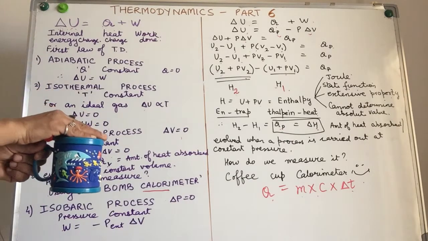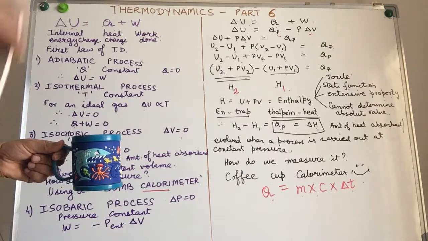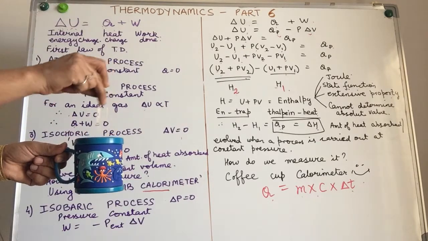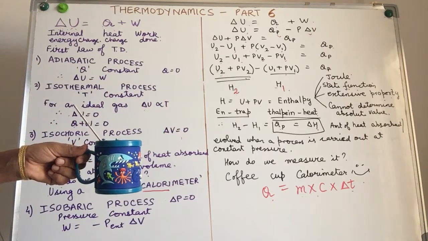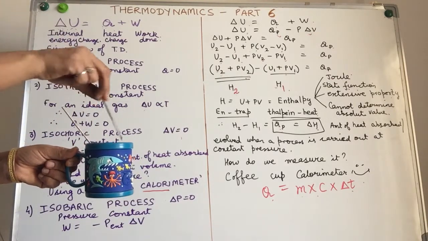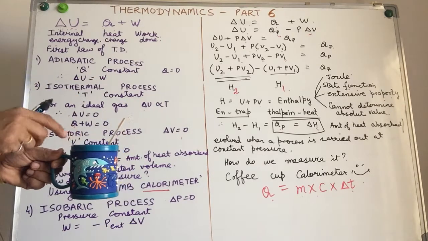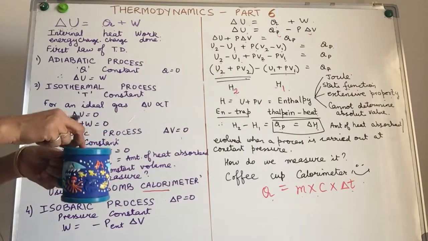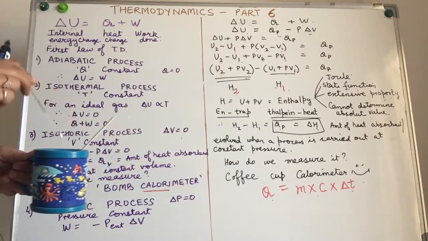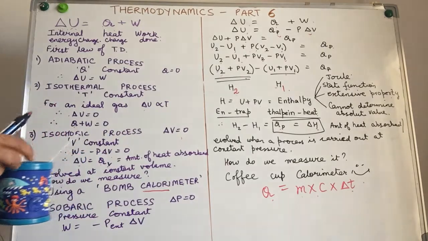We cover it with an insulated container. We have the reaction mixture inside it. We just need a stirrer so as to allow uniform distribution of heat, and a thermometer in order to measure the change in temperature. Again, m c delta T will give us the amount of heat absorbed or evolved at constant pressure.